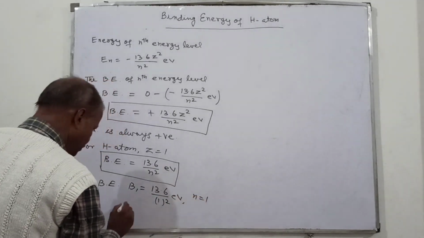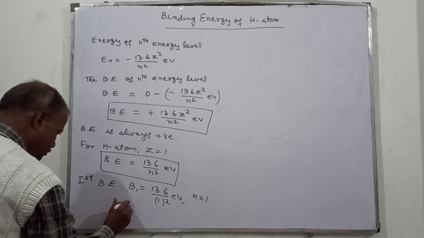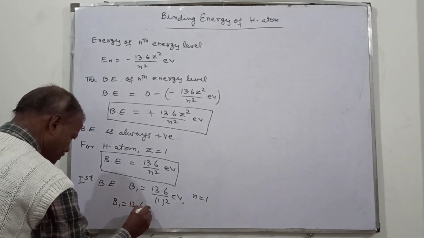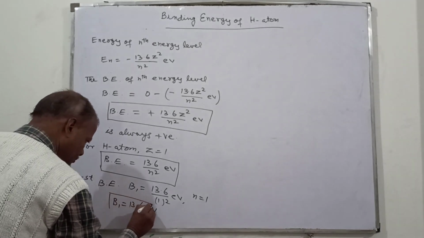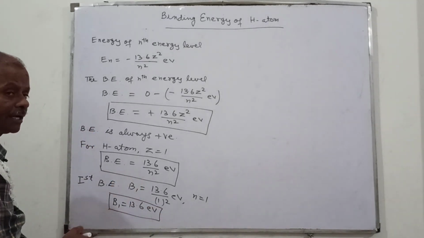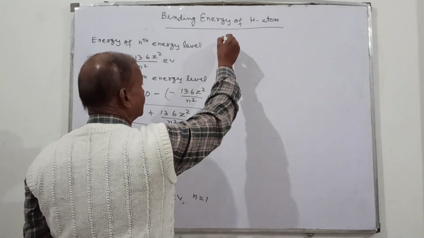Here N equals 1, so B1 is equal to 13.6 electron volt. This we are calculating for the hydrogen atom.